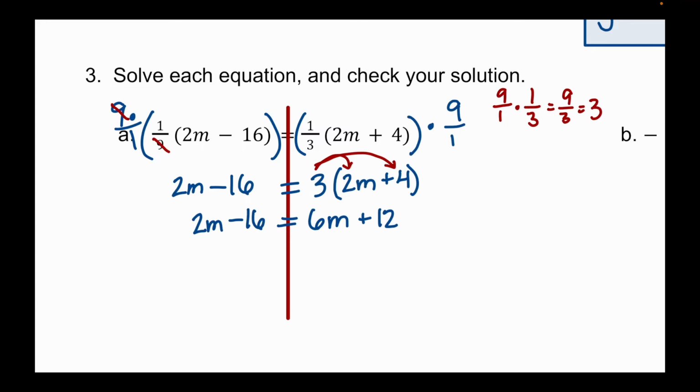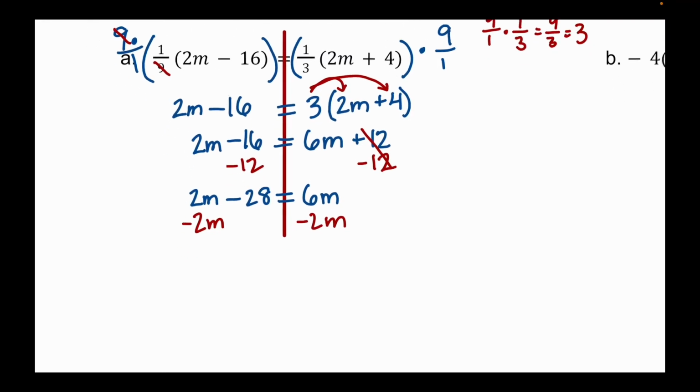So we are going to get rid of the 12 then. So subtract 12, subtract 12. 2m stays the same, but negative 16 and negative 12 are going to combine and become even more negative. So we're going to have negative 28 or minus 28, same thing. And that's going to be equal to 6m. I'm going to subtract 2m from both sides, keeping things balanced.